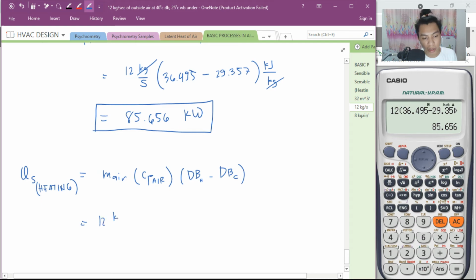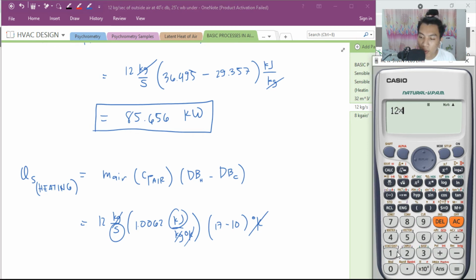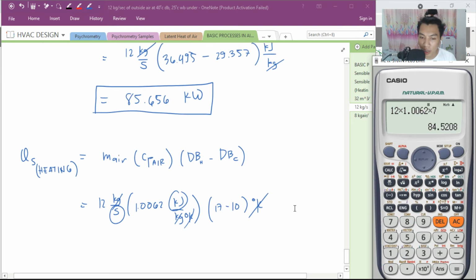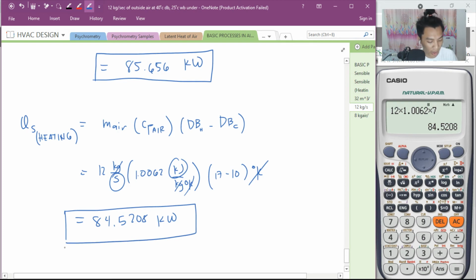So, 12 kilogram in every second multiplied to 1.0062 kilojoule per kilogram degree Kelvin, dB, 17 minus 10 degree Kelvin. Cancel all the same units. Ang lumabas is kilojoule per second. So, that will be 12 times 1.0062 times 7, 84. So, that is 84.5208 kilowatts. That is the QS sa sensible heating.